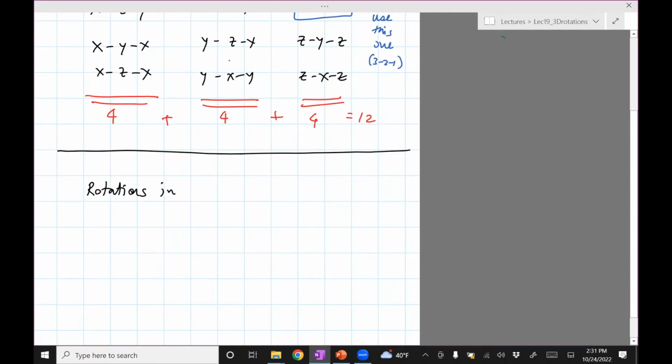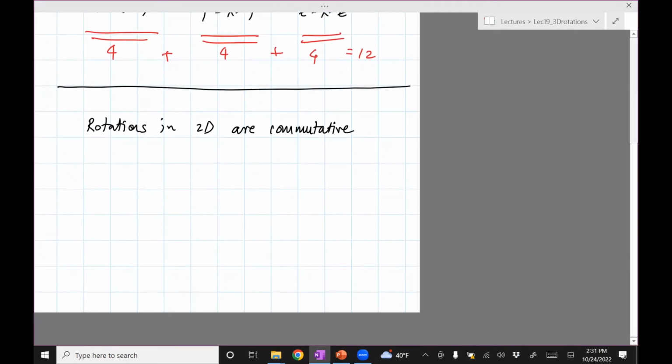Rotations in 2D are commutative. What it means is that if you rotate by θ1 followed by θ2, and then interchange the order from θ2 to θ1, you'll end up with the same angle. So same net rotation.